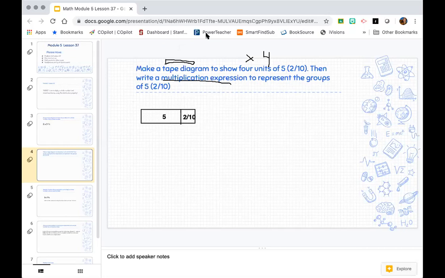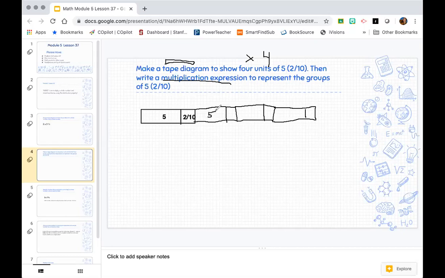Mine's going to be a little sloppy. 1 copy, 2 copies, which is a total of 3, and 4. Don't judge my drawing, and I expect yours to be way neater than Miss Gourlay's, because I have to use just my pointer finger to do this.